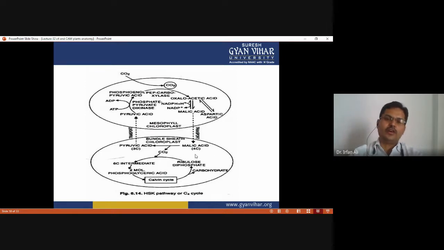The bundle sheath cell is not in direct contact with the external environment, which is why malic acid is transported into these cells. Here malic acid releases carbon dioxide, which, as you already know, is used up in the Calvin cycle to produce carbohydrate.